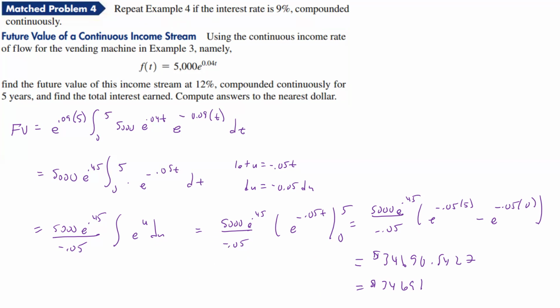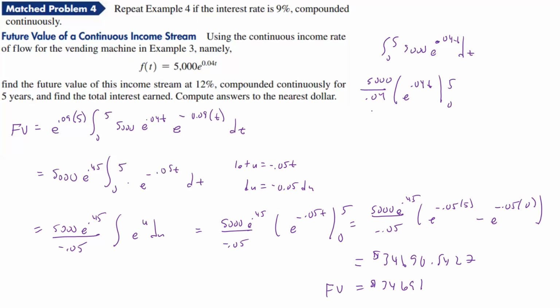And then they also want the interest. And so we have to calculate interest now. So with interest, here's our formula. What we're going to do is take the integral from 0 to 5 of 5,000 e to the 0.04 t dt. And so we are going to have 5,000 over 0.04, and then e to the 0.04 t evaluated from 0 to 5.